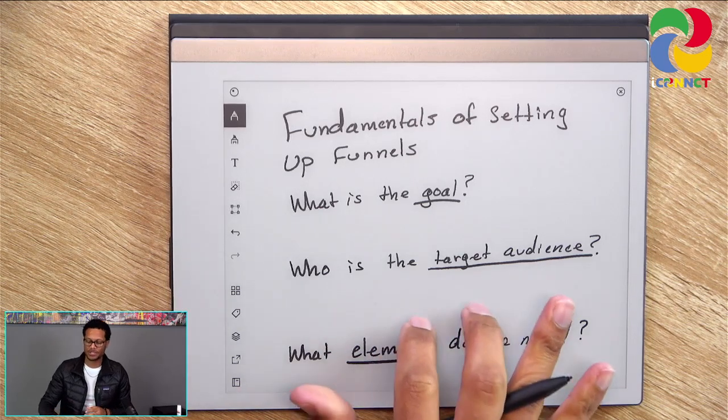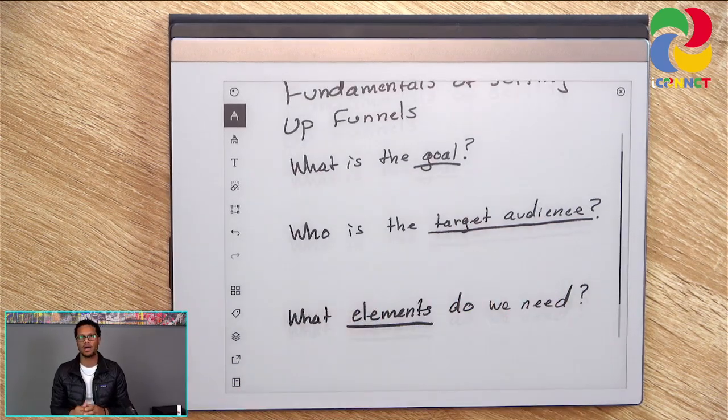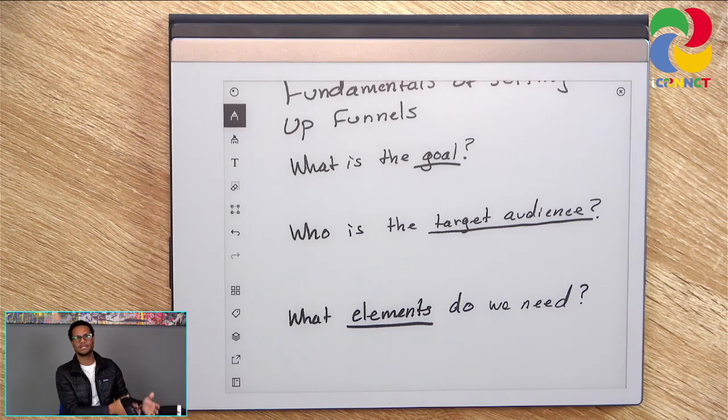There are 3 questions that I ask myself all the time before I set up any sort of funnel. First and foremost, what is the goal? What are we trying to accomplish here with this marketing strategy? For email campaigns, what I'm trying to accomplish is inbound leads for my salespeople. I want to increase the amount of inbound leads. For maybe another email campaign, I want responses.